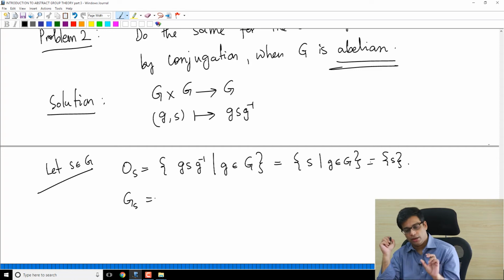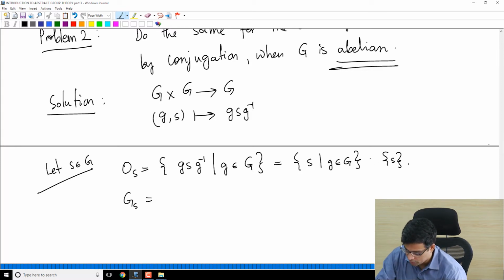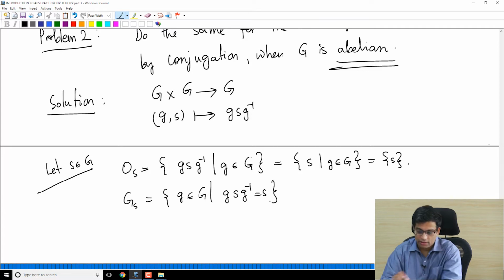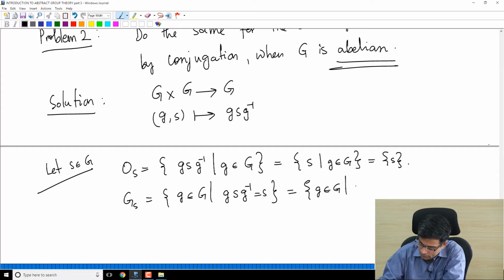And what is a stabilizer? So here the reverse happens as opposed to the previous example problem. Here the orbit is very small. Orbit is as small as it can be. It only consists of that element. On the other hand, what is the stabilizer? This is g in G such that g s g inverse is s, right? Things that fix s under the action, g s g inverse being the action of small g on small s, that must be equal to s, but there is no condition.